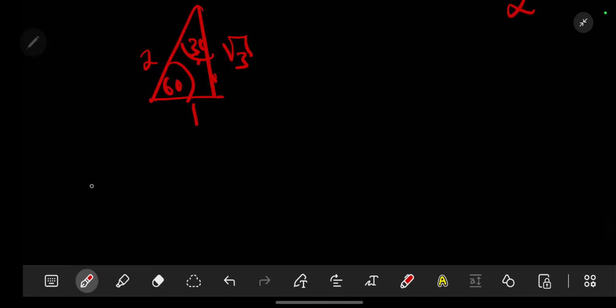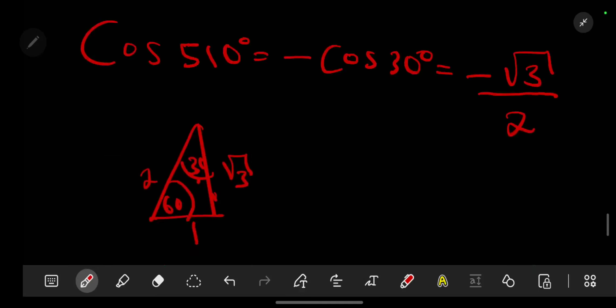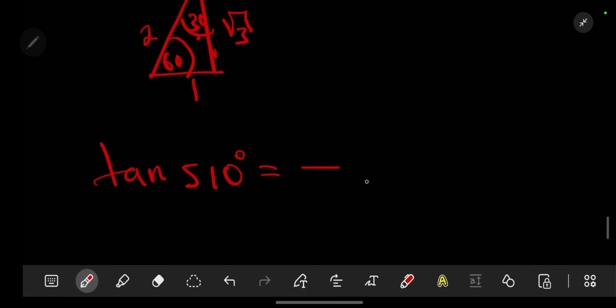Likewise, if we have the tan of 510, it is also equal to negative. Why negative? Because tan is still negative in the second quadrant. So you can say negative of the tan of the reference angle, which is 30. You just have to be careful with the sign.